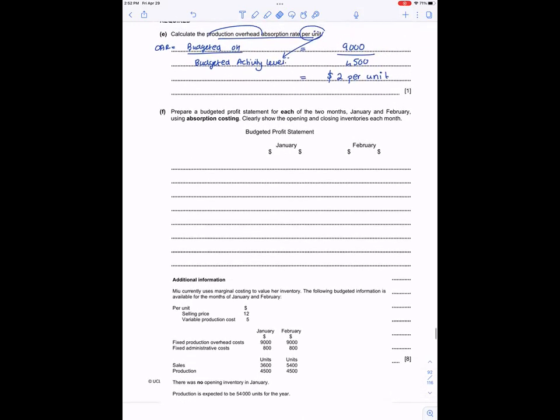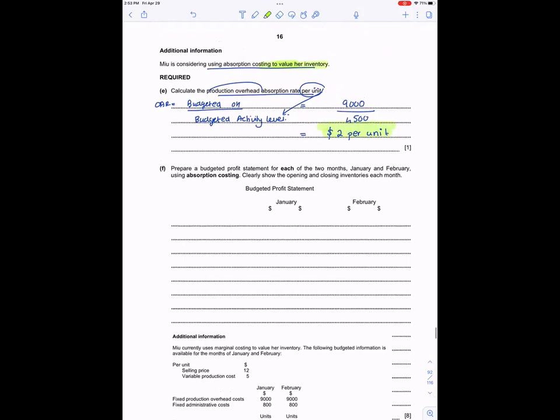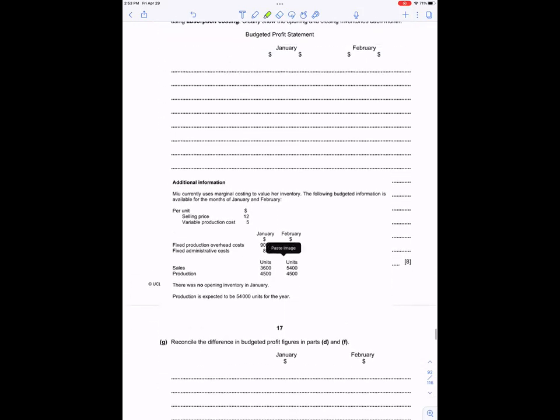And when they are using absorption costing, they want to calculate the value of inventory how? Using the overhead absorption rate. This is what they have told us. Okay? Are you all with me? Come on, let's do it.